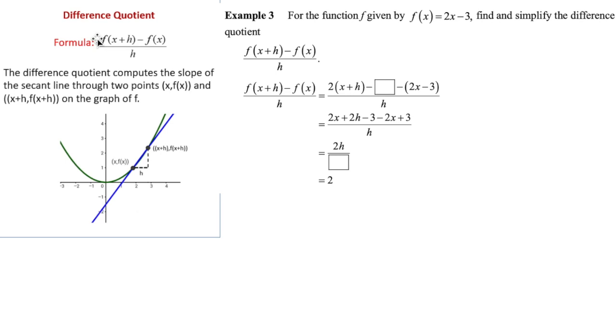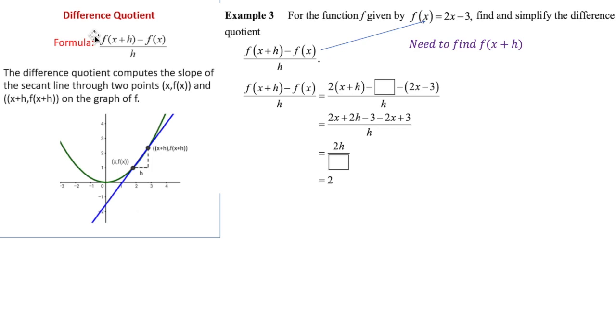So if you're deciding to take pre-calc in the spring, this will be one of the most important pieces that we'll learn. So let's first start by taking f of x plus h minus f of x, divided by h. We already have our f of x function, but I don't know what f of x plus h is yet. So I need to find what f of x plus h is.